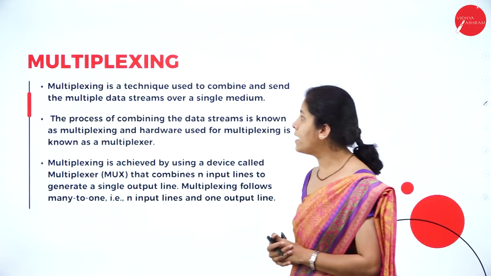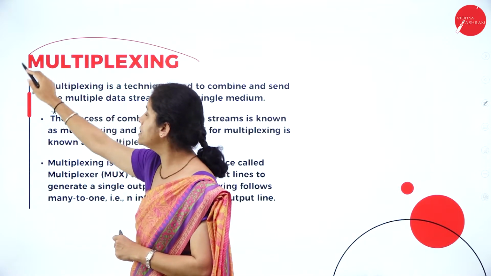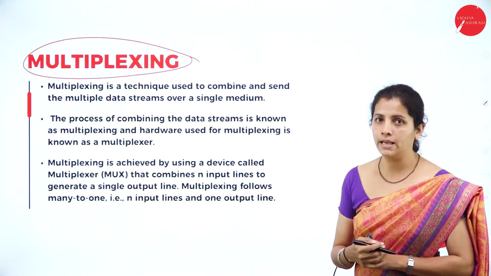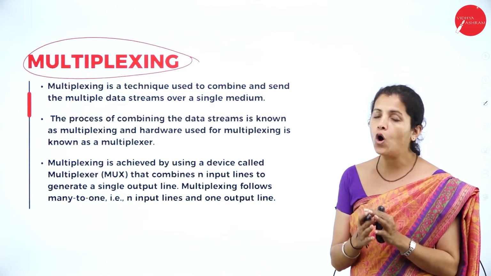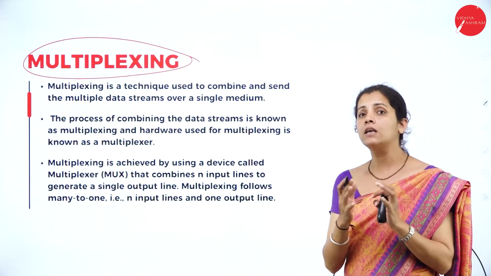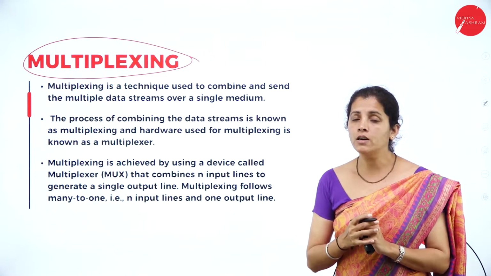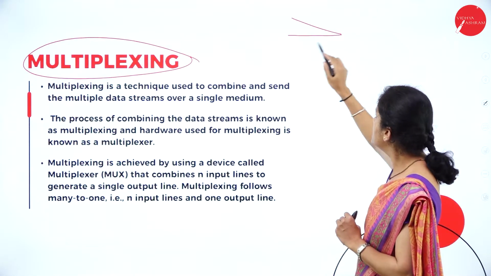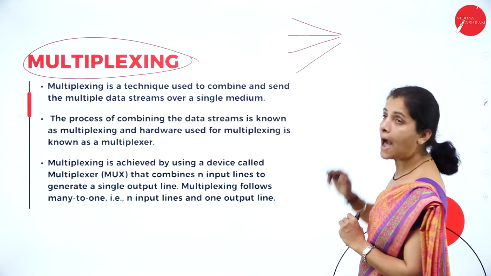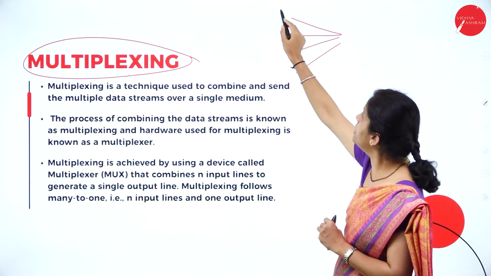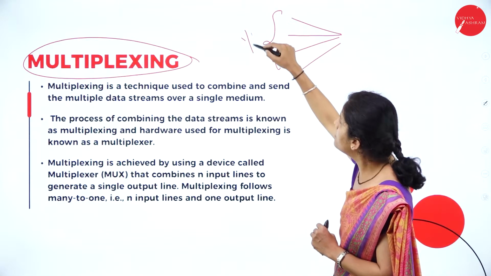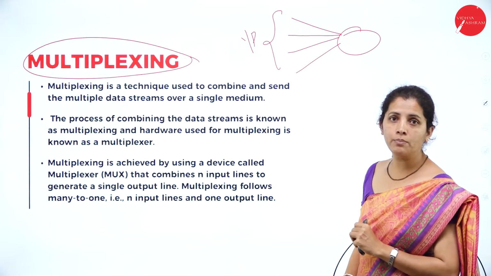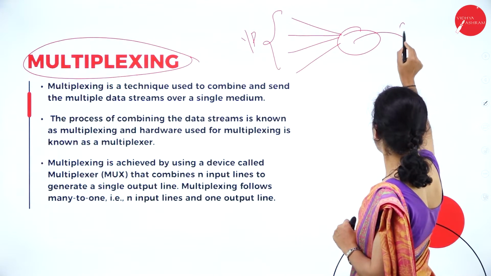Then I'm going to cover multiplexing. So what is multiplexing and why do I want multiplexing? I hope you all are familiar with mux and demux. So here, what is mux? Multiplexing is responsible for accepting n number of inputs, and it converts n number of inputs into one output.